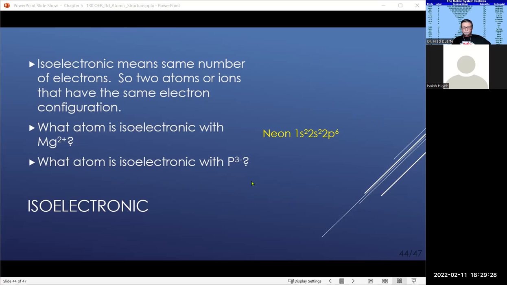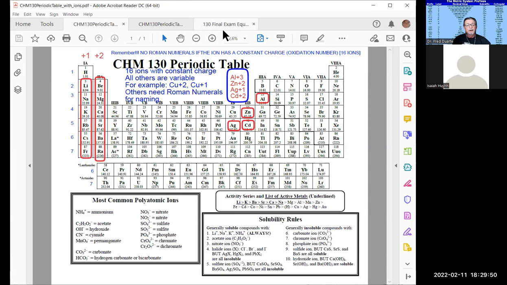The quickest way to do this is to write the electron configuration, or, if it's a non-metal, find the metal and go back to the noble gas behind it. Here's magnesium, number 12. The noble gas behind it is number 10, neon.